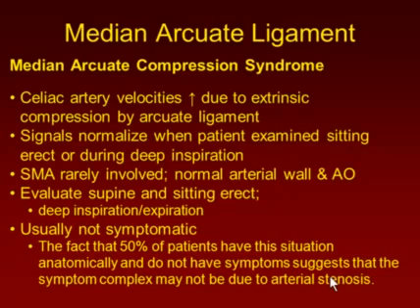So the SMA is almost never involved with this syndrome, and patients usually have a normal arterial wall and aorta. So we want to evaluate these patients both in the supine and sitting position, and if you can normalize the waveform and velocity, then it's not due to intraluminal problems, it's due to extraluminal compression by this median arcuate ligament.